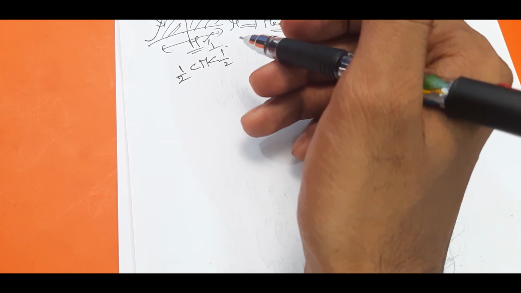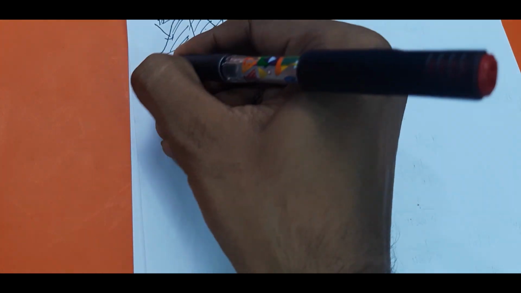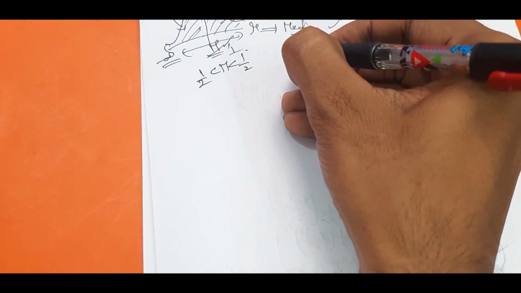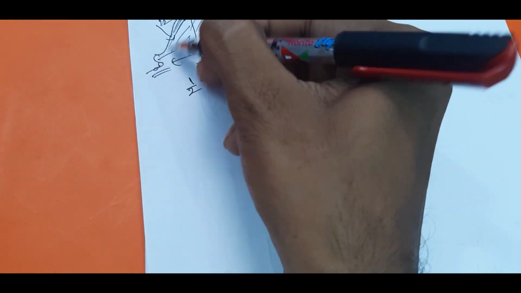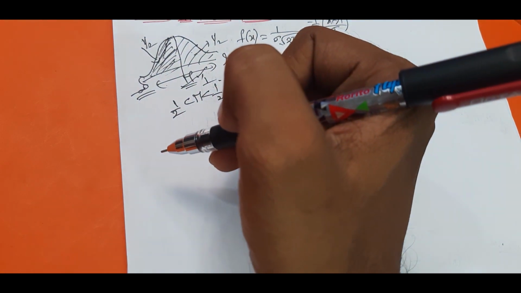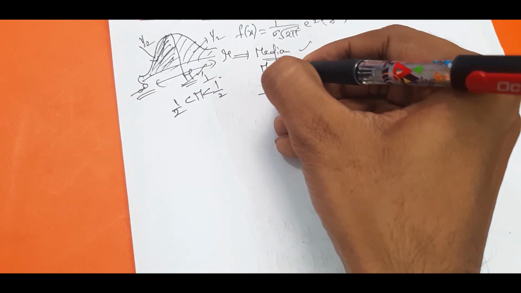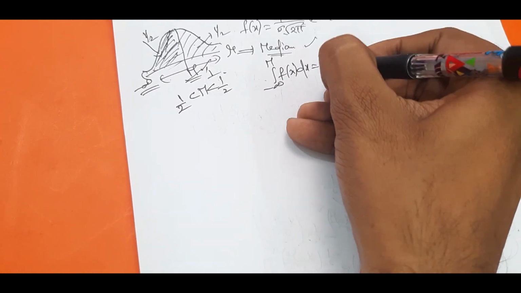Next, if you take from minus infinity to m, what will happen? This will become the integration over minus infinity to m of the curve. If you want to find the area, you just have to apply the integration: the integral from minus infinity to m of f of x dx is equal to 1 divided by 2.